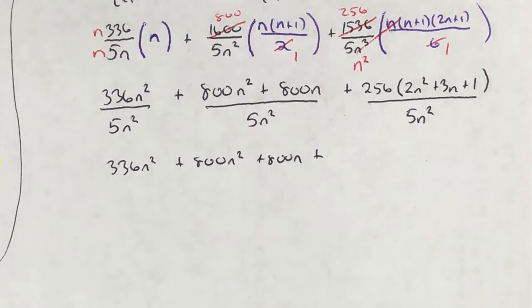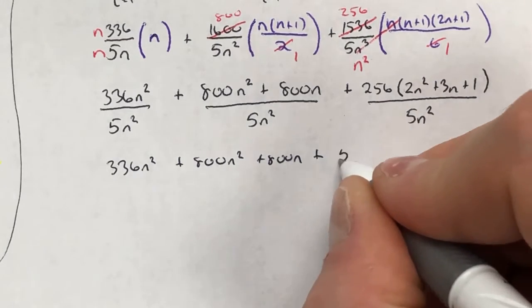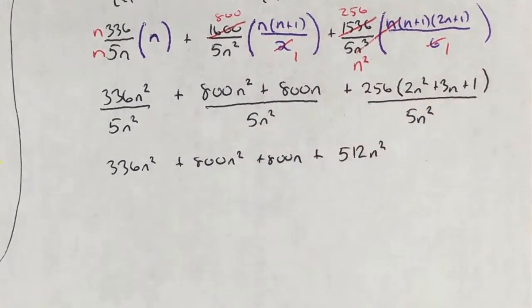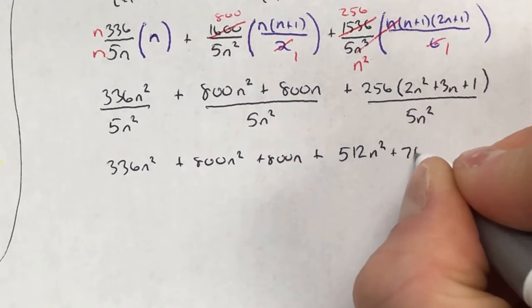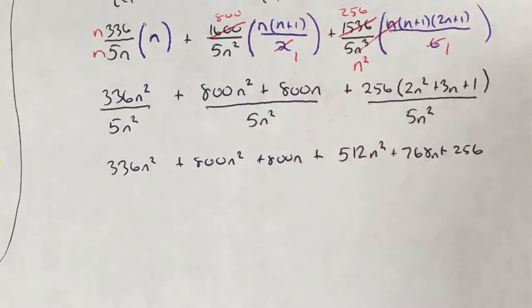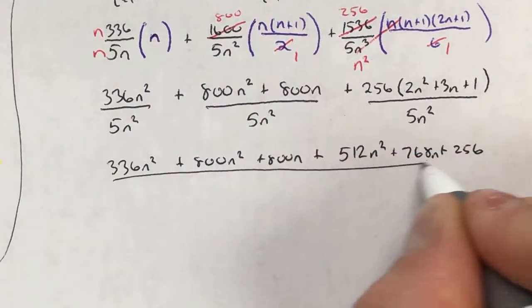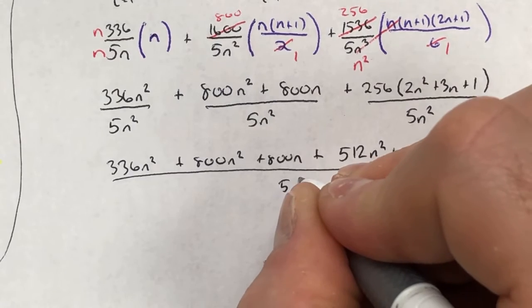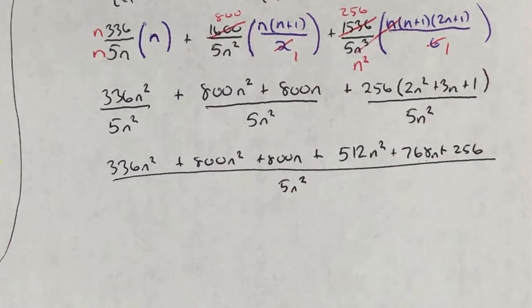And let's see, 256 times 2 is going to be 512. And then 256 times 3 is going to be 768. All over the common 5n squared.